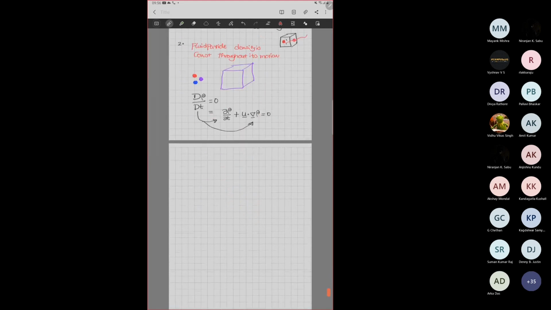If this one becomes 0, and my mass conservation principle says that del rho by del t plus divergence of rho u is equal to 0. This is from mass conservation.